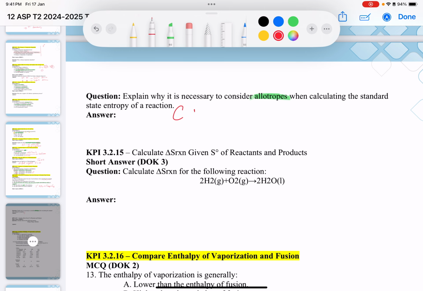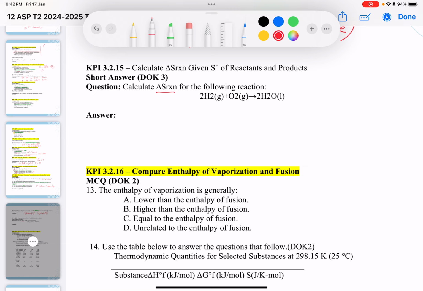Now, let's do a question. Calculate the entropy of the following reaction. These values will be provided, so you don't have to memorize them. The entropy of H2O is 69.9 joule per Kelvin mole because it's a standard.